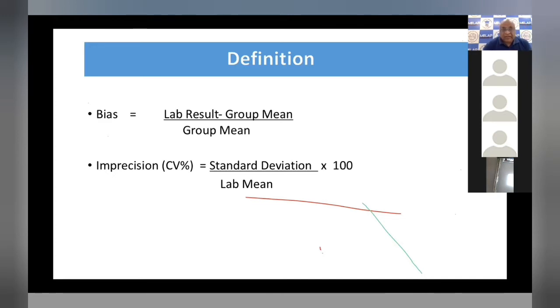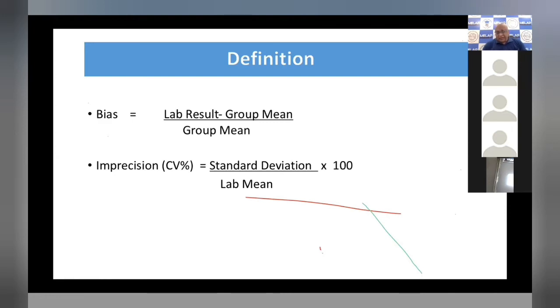Imprecision means standard deviation divided by lab mean into 100. Bias percentage you are getting from your EQAS, and imprecision you are getting from your IQC.